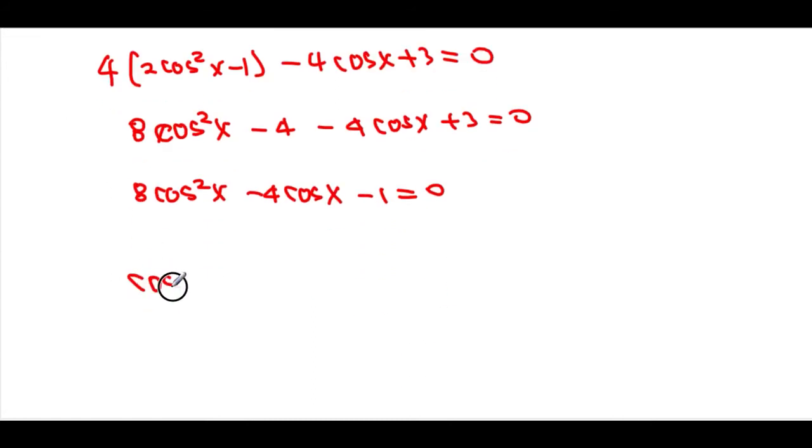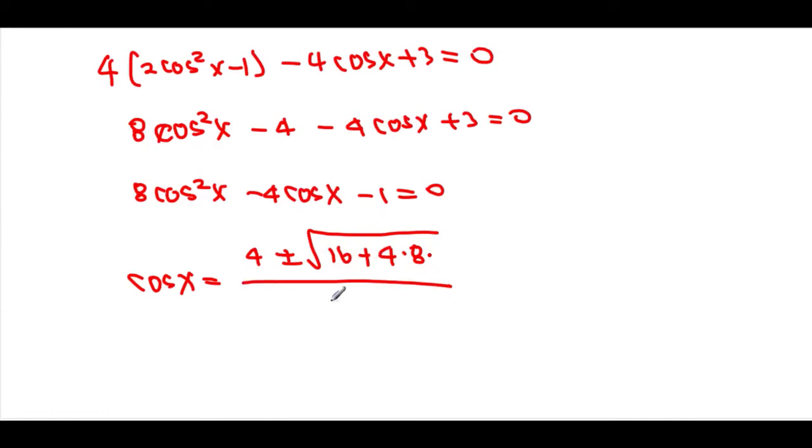Then cosine of x can be found by using the quadratic formula. We get 4 plus or minus square root of 16, because this one's square, minus 4 times 8 times negative 1, which makes this one positive, all over 2 times 8, which is 16.